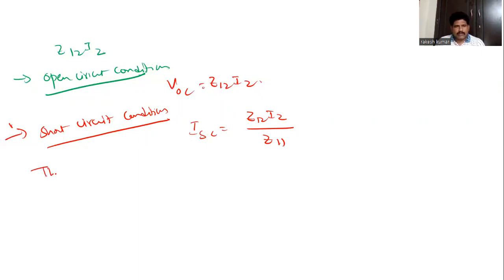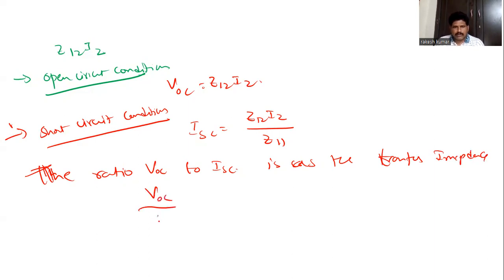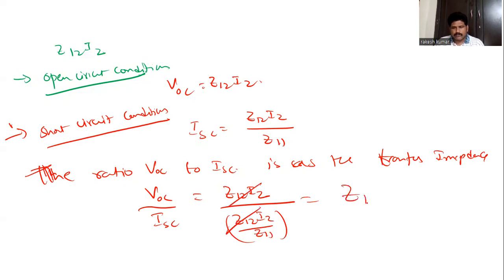Hence, the ratio of VOC to ISC is the transfer impedance, and is given by VOC by ISC equal to Z12 I2 by Z12 I2 by Z11, that is equal to Z11.